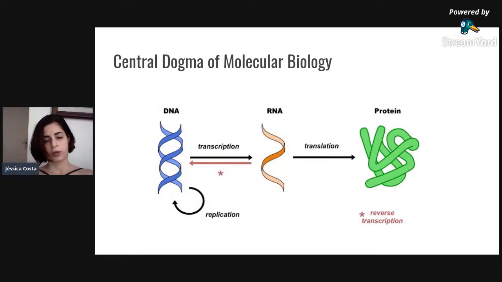Okay, so this process is important. Why? Because it's a process of life. Life follows this process and forms humans, organisms, animals, plants. This information forms an organism. Your eyes, your hair, your hands.